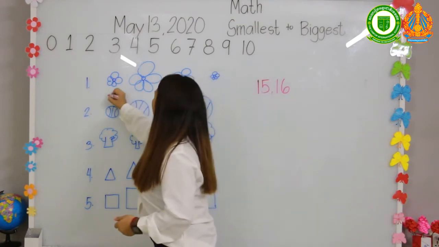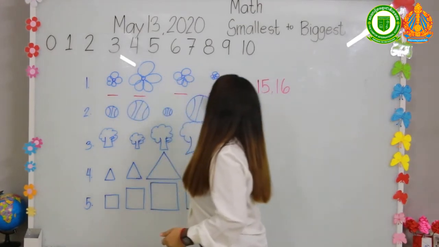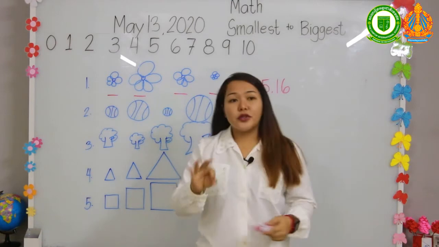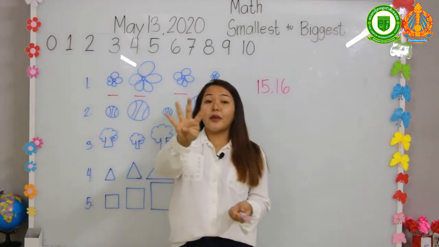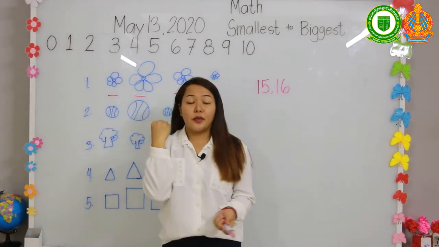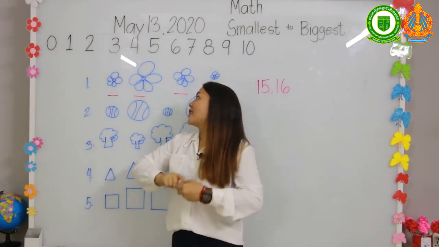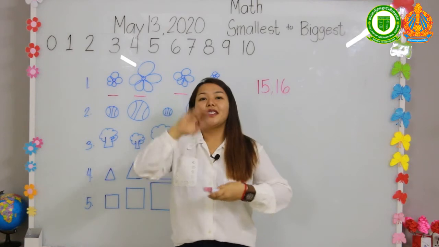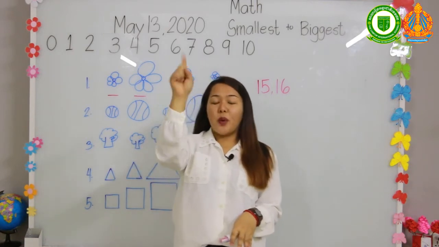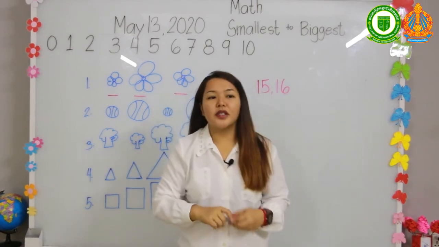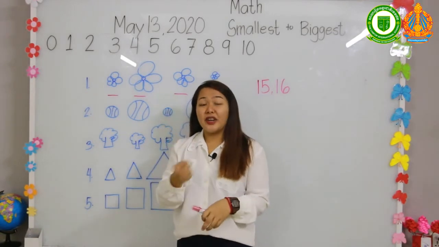Okay. So 1, 2. There are 4 flowers, so we need to write numbers 1, 2, 3, or 4. All you need to do is use your fingers and point on your screen which one is your answer.